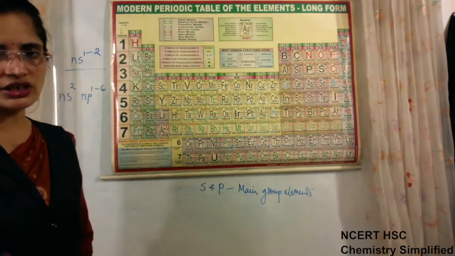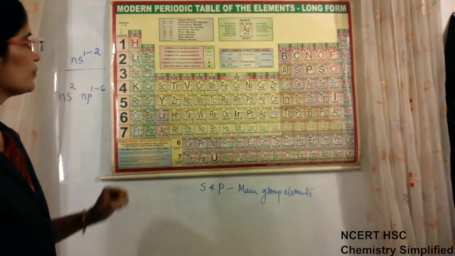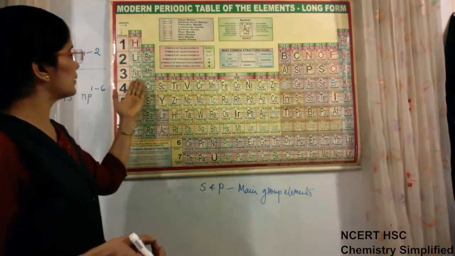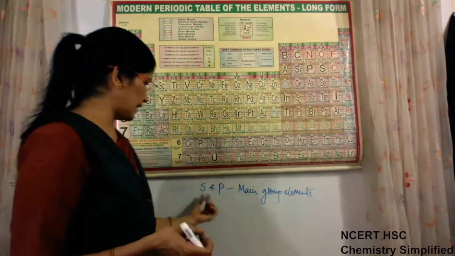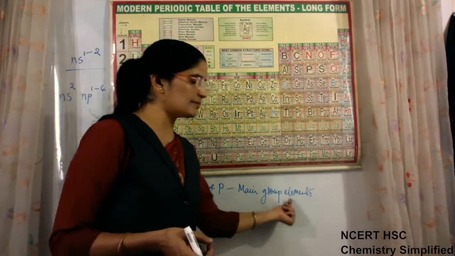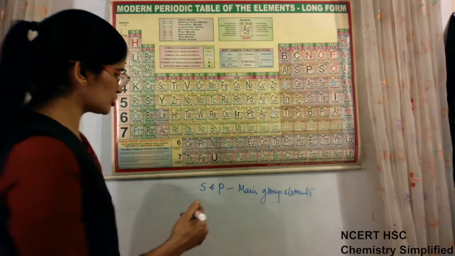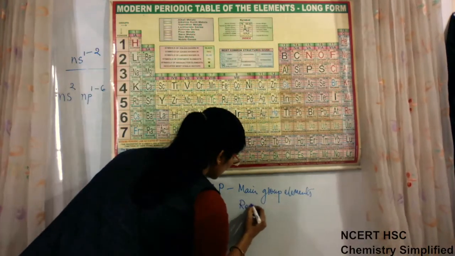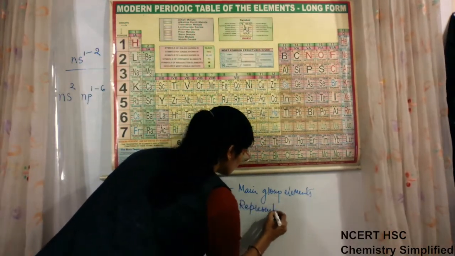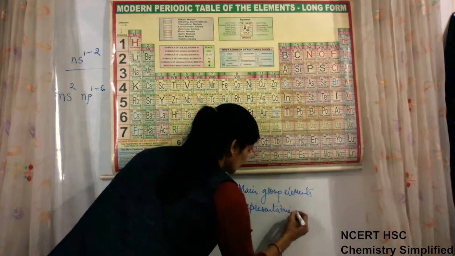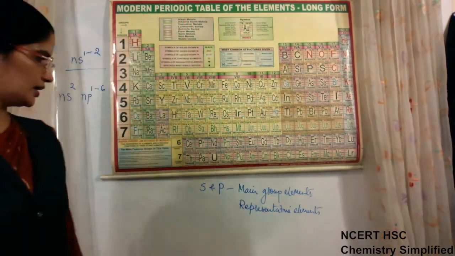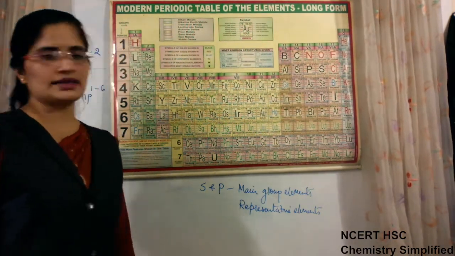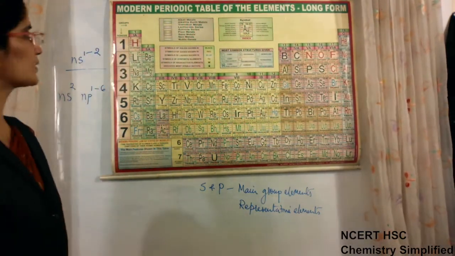Most of the reactions which we perform are also based on these groups, that is S block as well as P block. So S and P blocks are known as main group elements, or also known as representative elements, okay. So these are known as main group or representative elements.